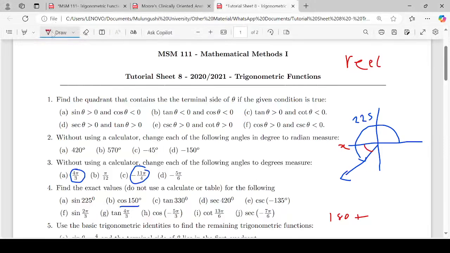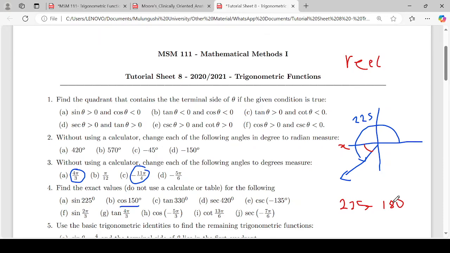Remember the angle is moving like this. Here it reached 180, and then it went all the way up to 225. So the helping angle is 225 minus 180. What do you get when you say 225 minus 180? Don't use a calculator. This is the best time to practice. So 225 minus 180, you get 45.